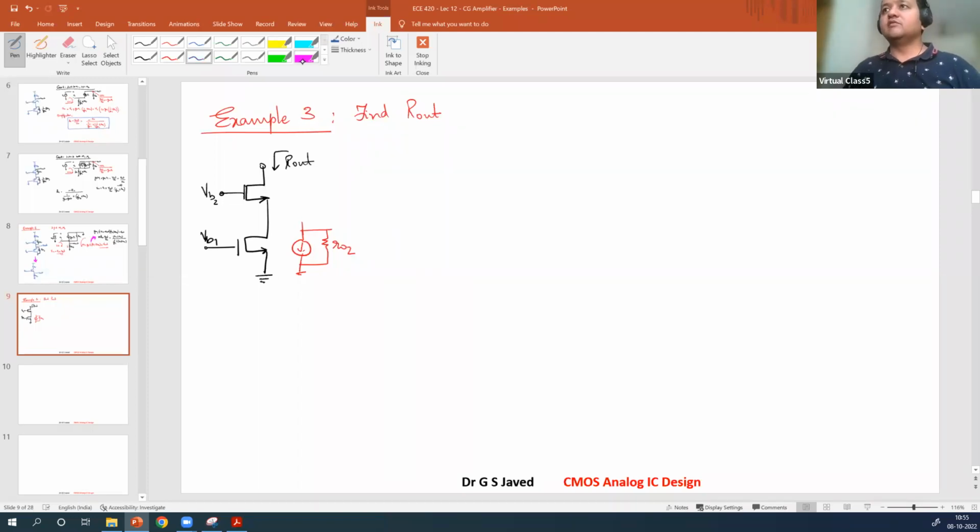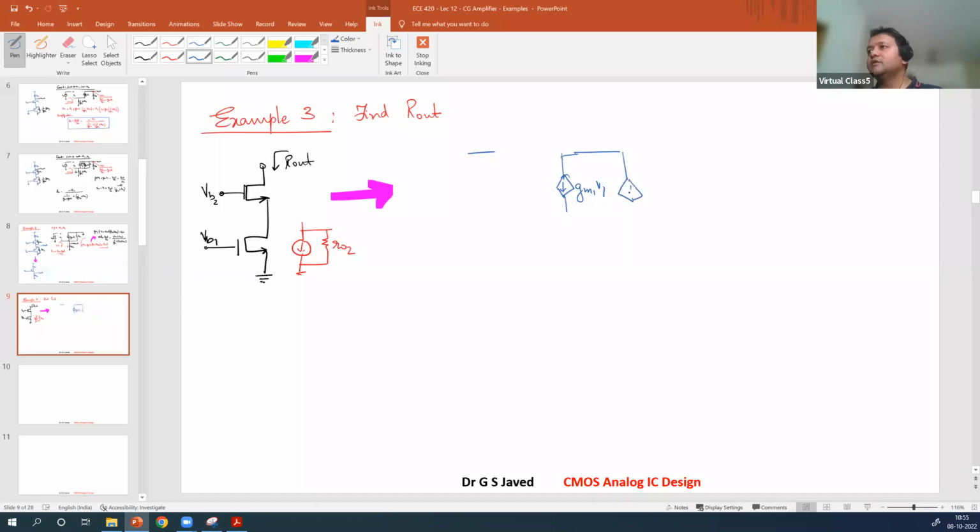Let's draw the small signal equivalent. What does the small signal equivalent look like? How do we begin? Simple. Start off with 3 terminals. GM1 V1. Then there will be GMB VBS, which is again V1.